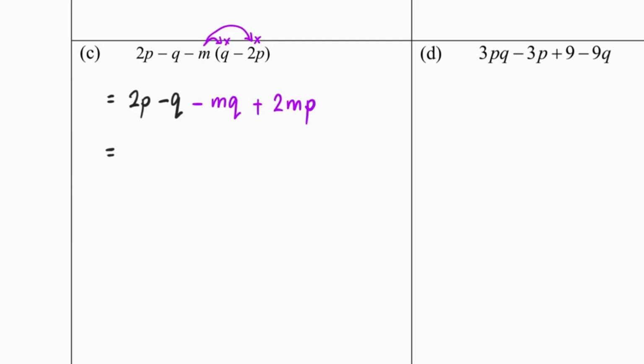And after which, I saw that if I were to rearrange this to, for example, 2p plus 2mp, because there is a common factor 2p. Then, because my m is at the second part, I will have my minus q and minus mq down there. Then from here, I could apply the factorization by grouping already.